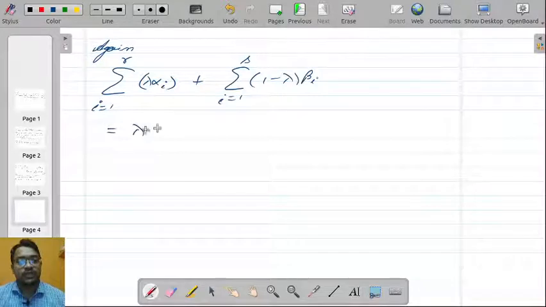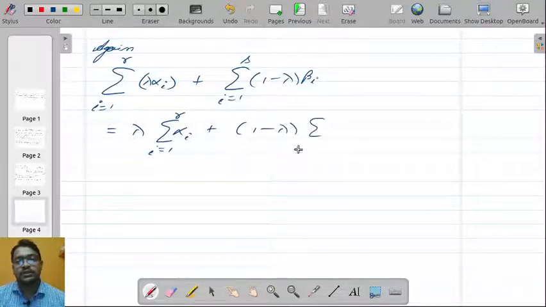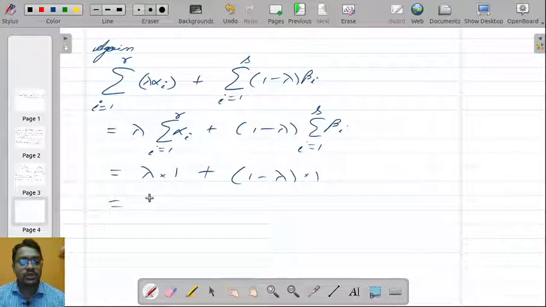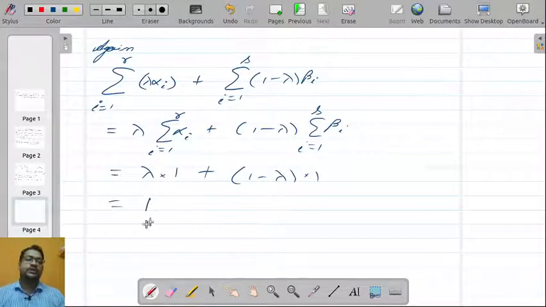Lambda can be taken outside: summation i goes from 1 to r alpha i, plus 1 minus lambda can be taken outside: summation i goes from 1 to s of beta i. So it's lambda into 1, since the summation of this is 1, already we have seen, and 1 minus lambda into 1. So this is actually equal to 1, right?